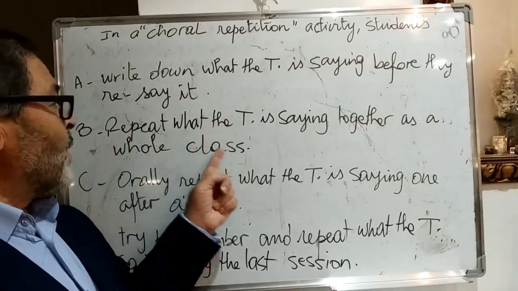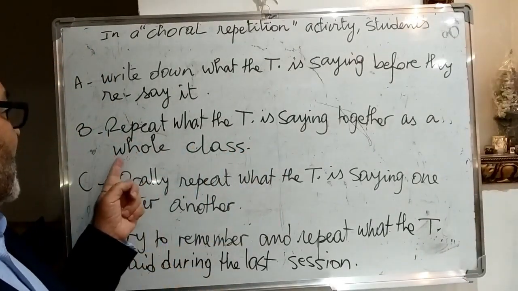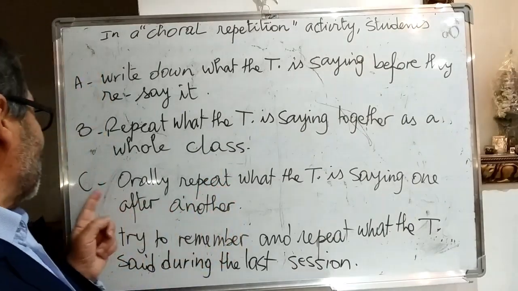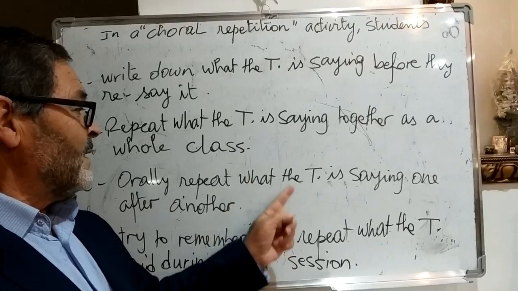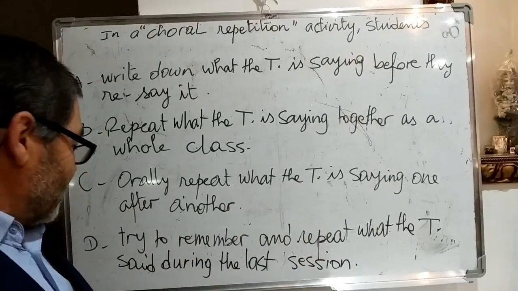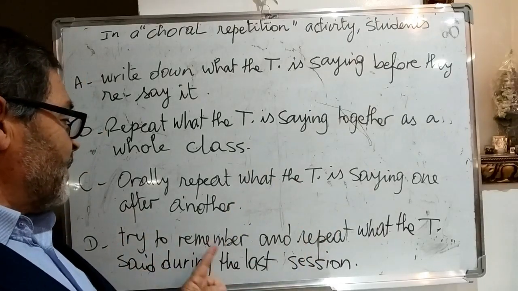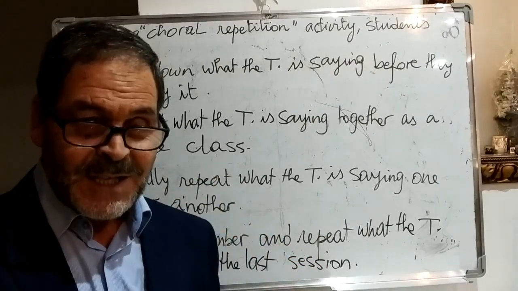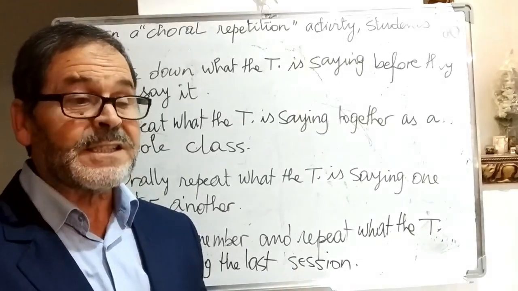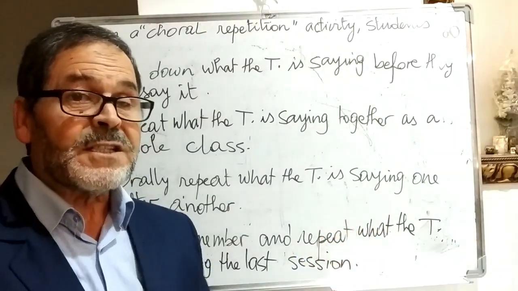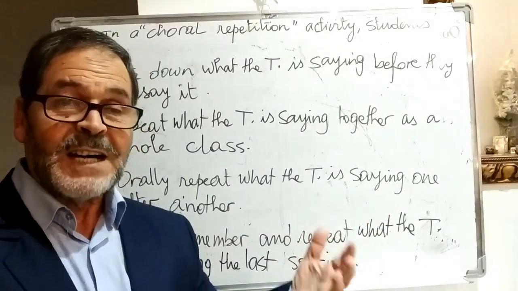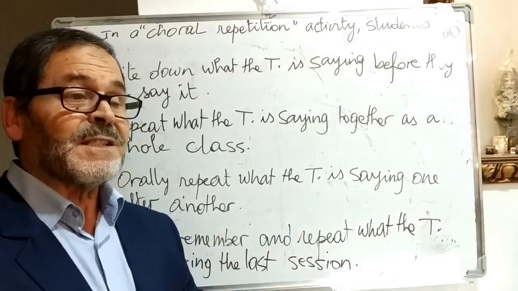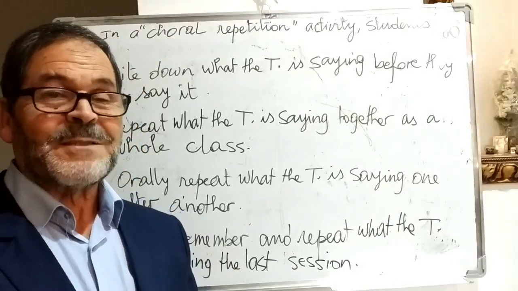B, repeat what the teacher is saying together as a whole class. So we should read the instructions carefully. C, orally repeat what the teacher is saying one after another. D, try to remember and repeat what the teacher said during the last session. Well, what is choral repetition? It is when the students repeat together after the teacher, when the teacher is practicing, is explaining, and sometimes they say repeat, the whole class repeats.